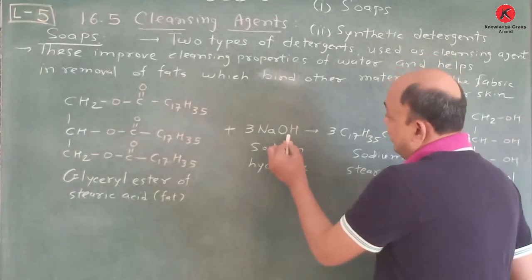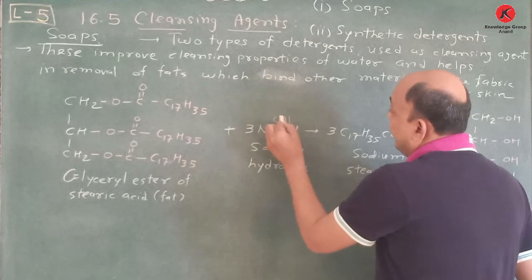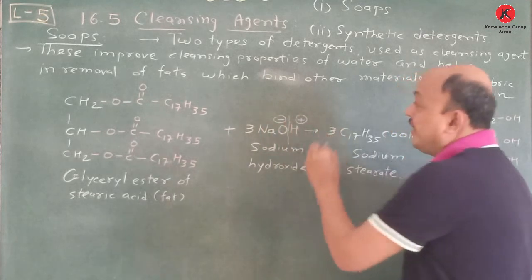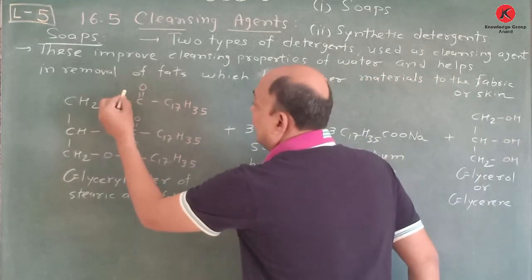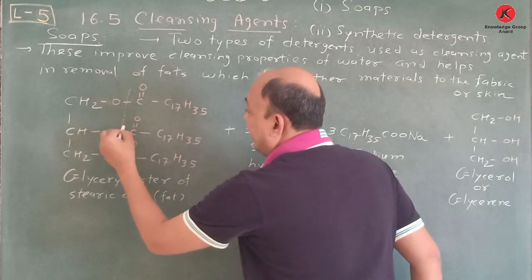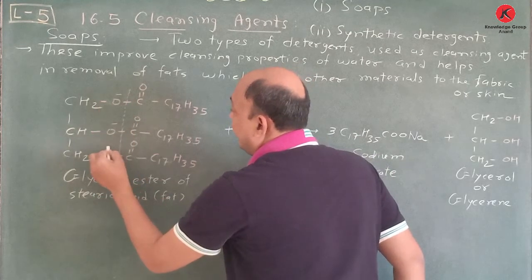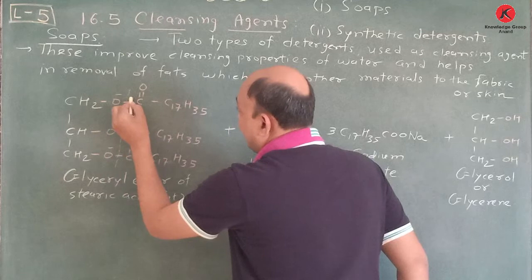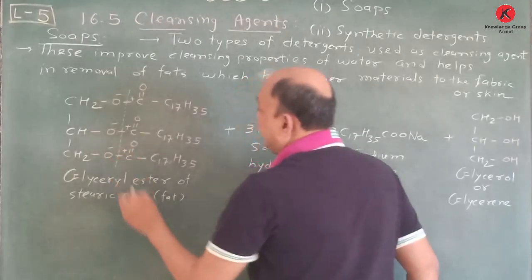So here, just see, I draw H here. This O possesses a negative charge, H possesses a positive charge, and here from here O negative, here also negative, here also negative. So carbon possesses which charge? Positive, positive and positive.